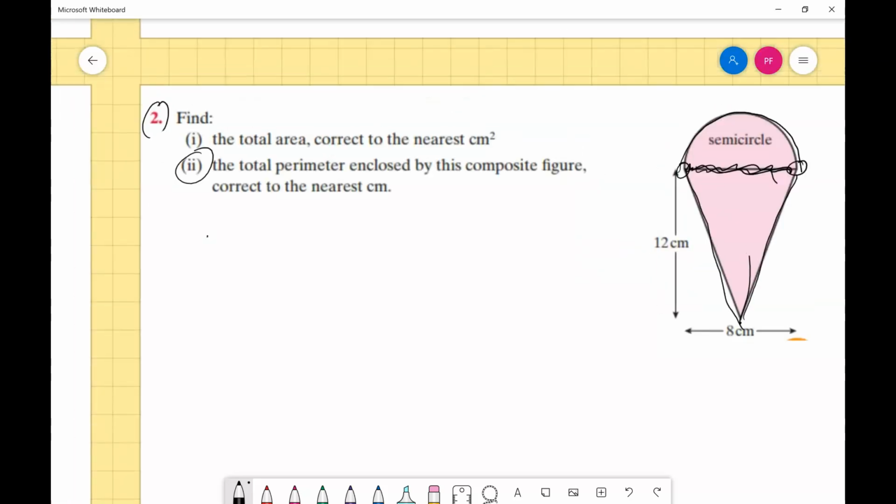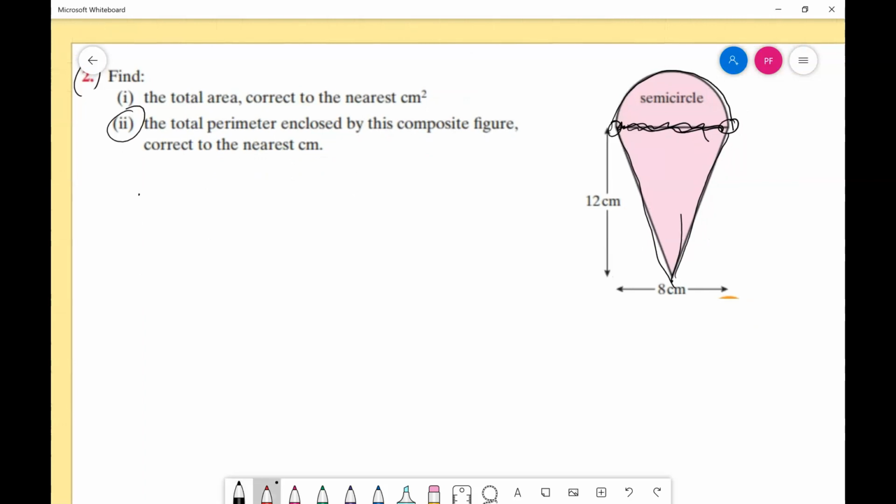So let's deal with our triangle first. Note that we can create a right angle triangle here on the outside. I know that the distance from here to here is going to be 4 centimeters. I have this as 12. So I want the hypotenuse here, and I can use Pythagoras' theorem. H squared is going to be equal to 12 squared plus 4 squared.